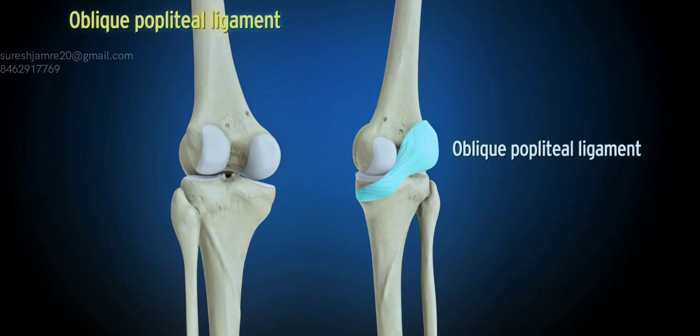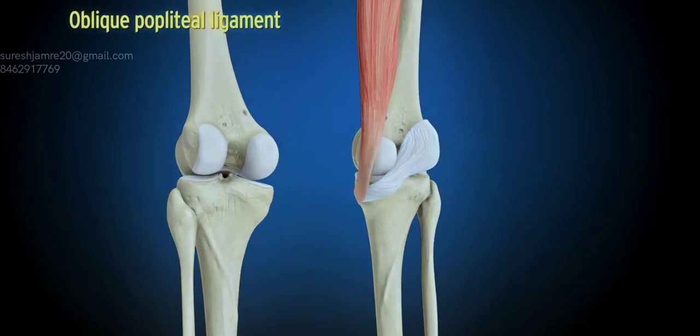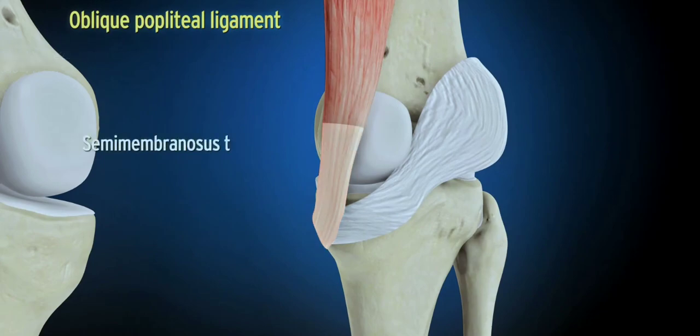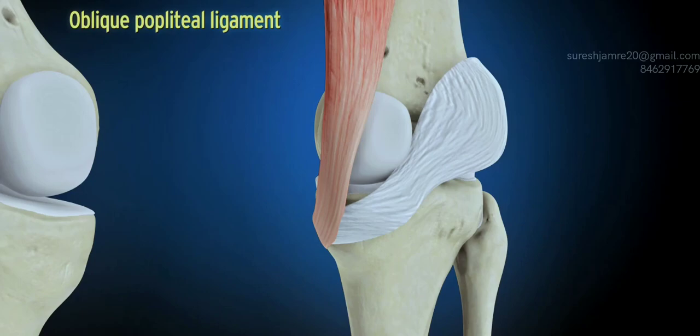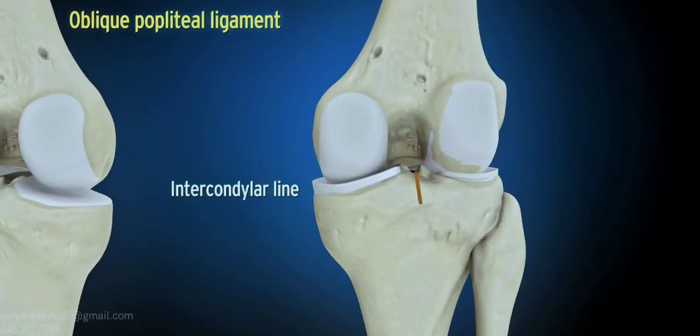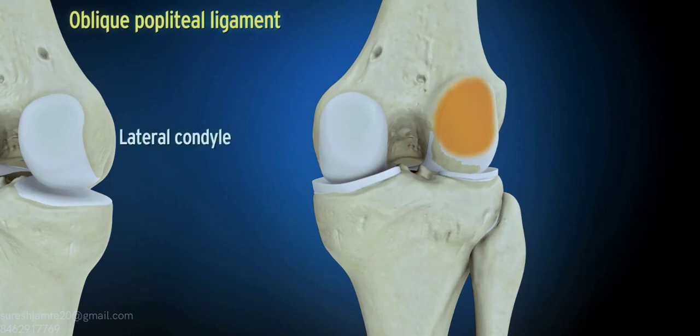Oblique popliteal ligament. It is an expansion of the semimembranosus tendon. It passes upwards and laterally from the groove for semimembranosus over tibia and is attached to the intercondylar line and lateral condyle of femur.